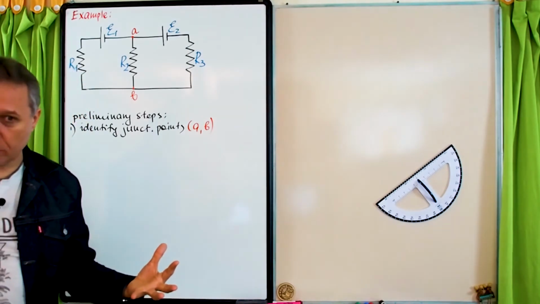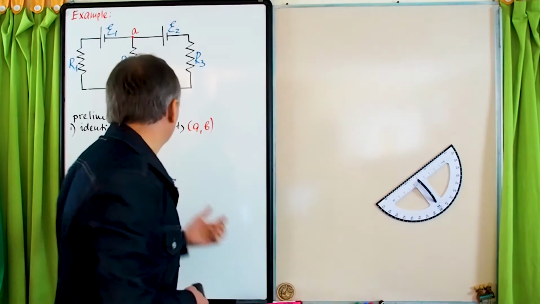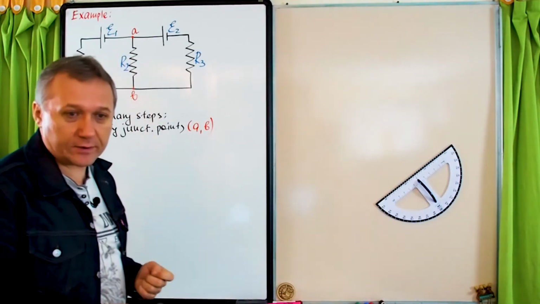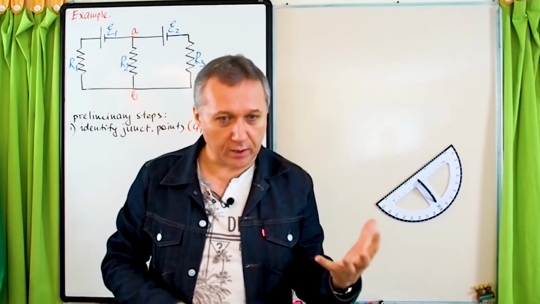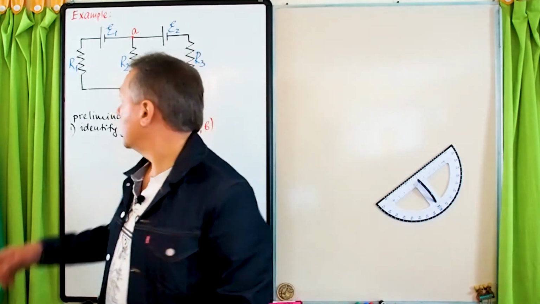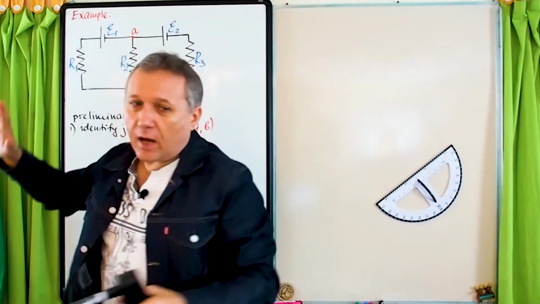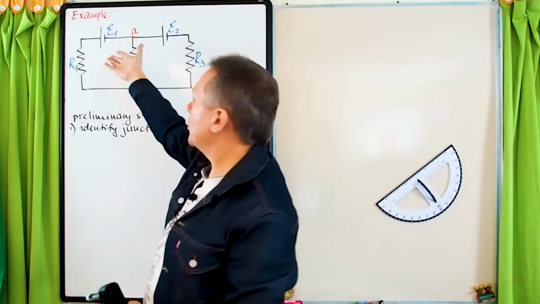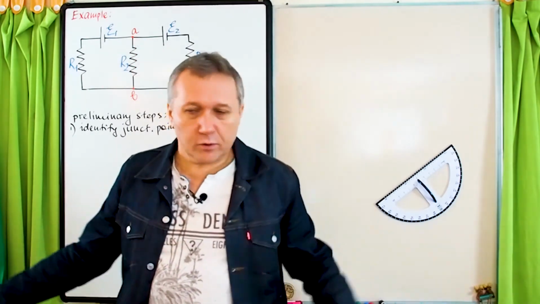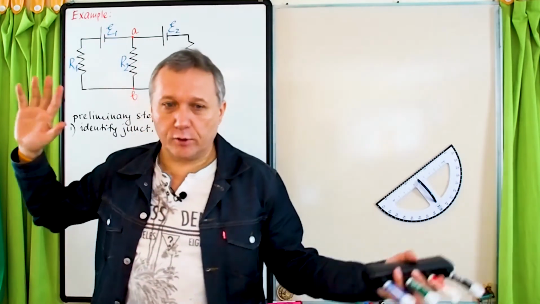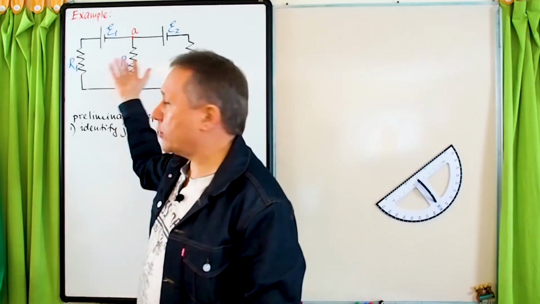If current stays the same in this part of the circuit, let's label it and choose a direction. Do you remember? In order to analyze a resistor, we have to assume current directions. Which way? This way or that way? I have no idea. We have a battle of two batteries. So what will be the direction of current? I have no idea. I would never even dare to guess.